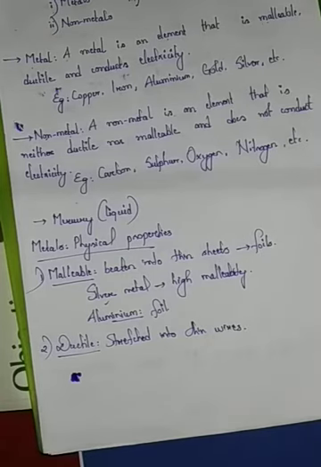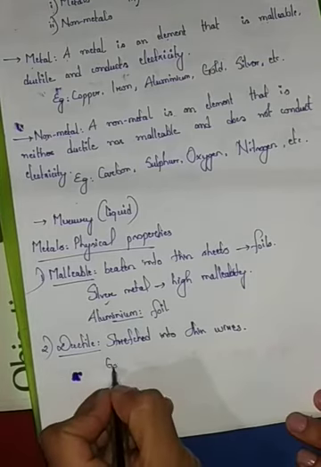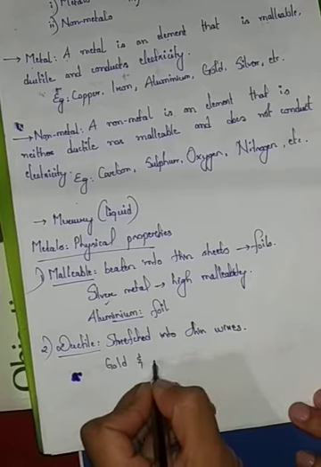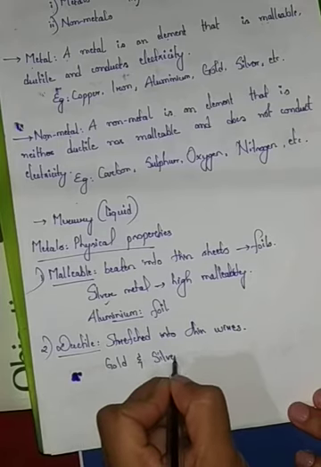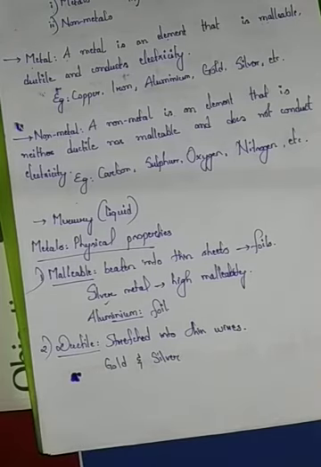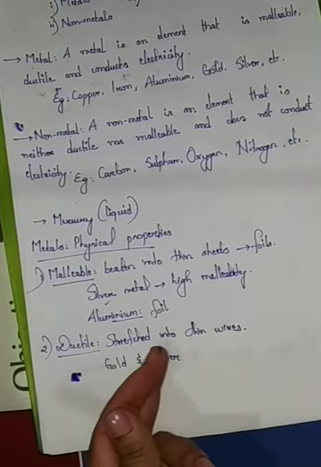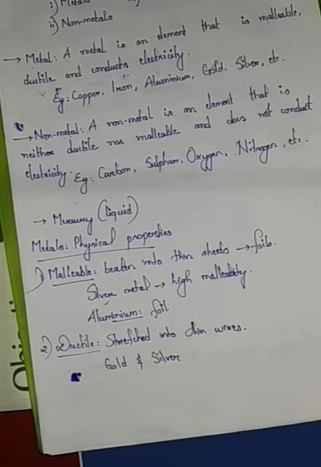All the metals, however, are not equally ductile. Some are more ductile than the others. Some are less ductile, where some are very highly ductile. Gold and silver are amongst the best ductile metals. That means gold and silver can be easily stretched or drawn into thin wires.